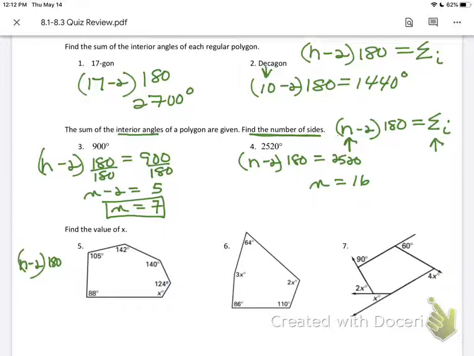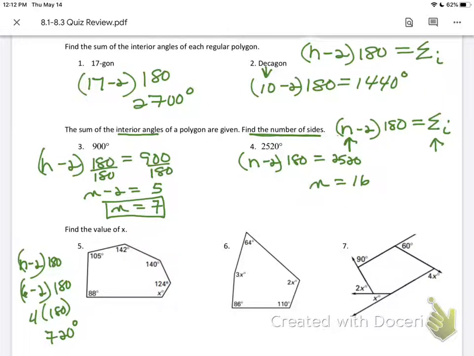Okay, so I see that I have 1, 2, 3, 4, 5, 6 angles. So therefore I have 6 sides. So my total inside should be 6 minus 2 times 180, which is 4 times 180, which is 720. So I have to have 720 degrees in there.